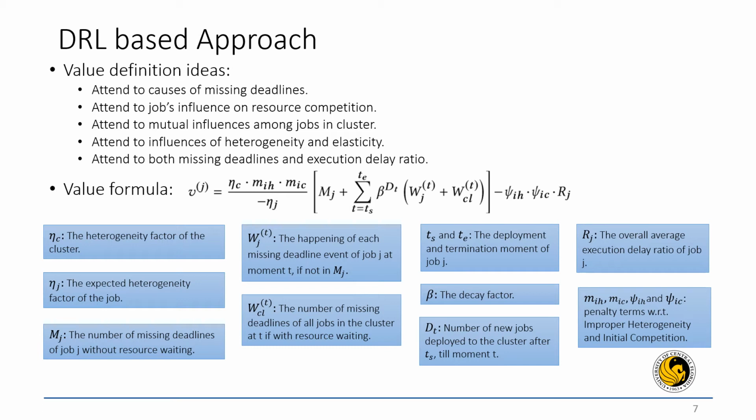Yet other missing deadlines without resource weighting will not be decayed. Influences of heterogeneity are considered explicitly for missing deadlines and implicitly for execution delay ratio. Influences of elasticity are also considered implicitly in the formula.